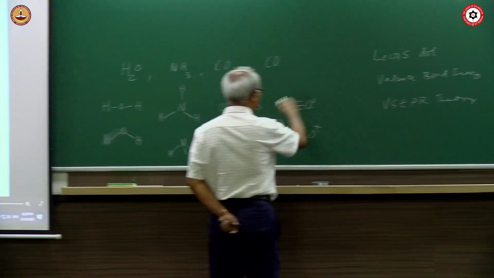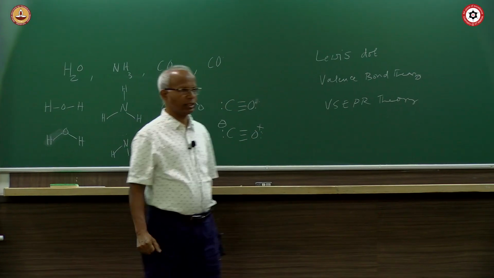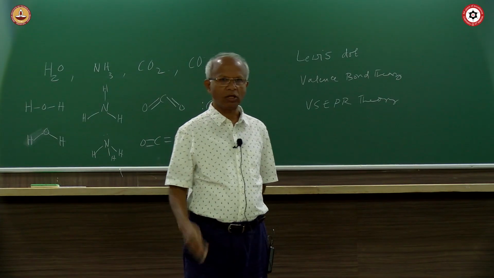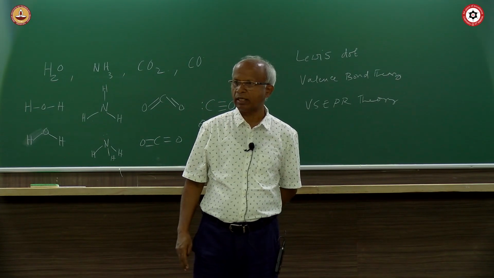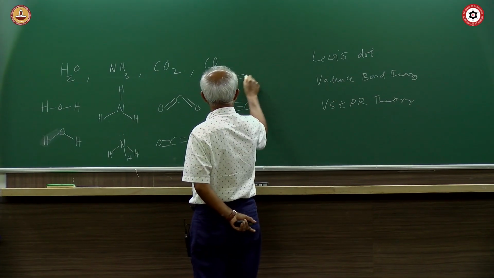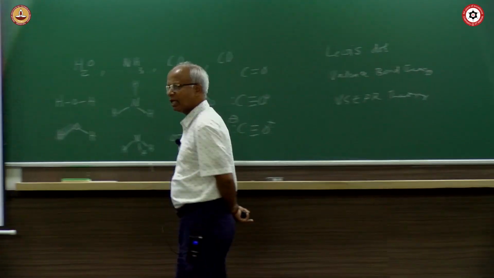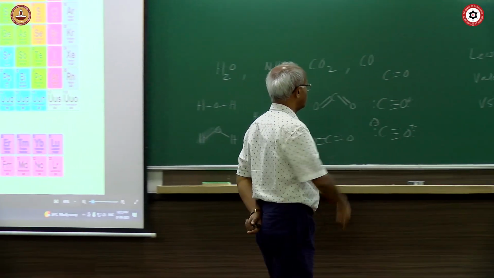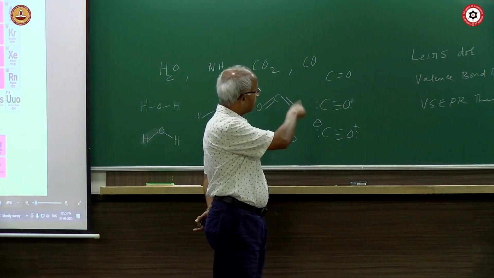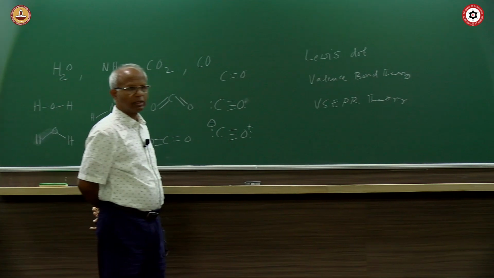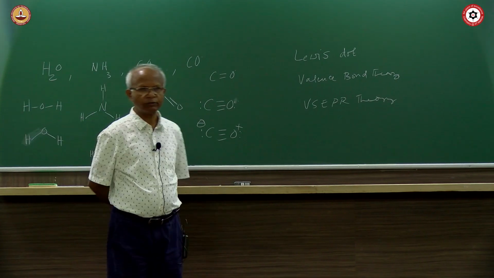Let us say I take a simple molecule like carbon monoxide. So what is the Lewis structure, and how do you arrive at it? Why should it be a 3 bond? Why not this one? Anything I can write, but we know which one of these is correct here among the 3 that I have written?